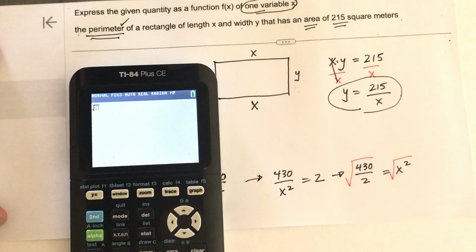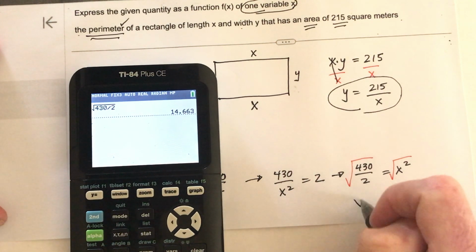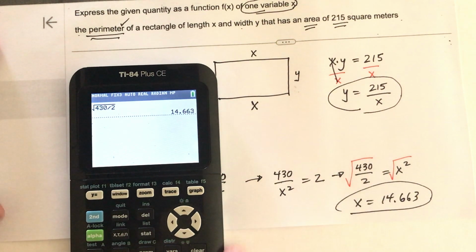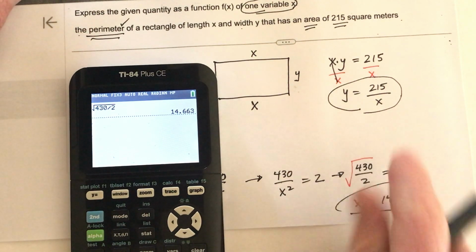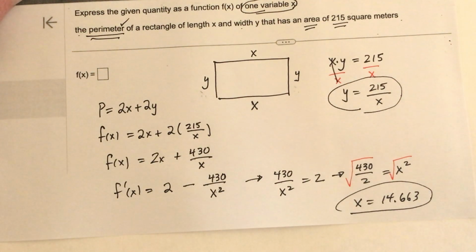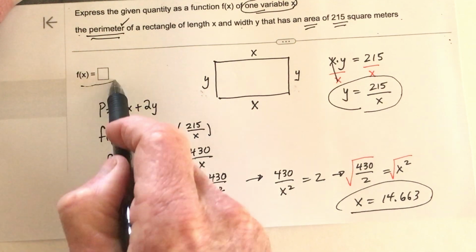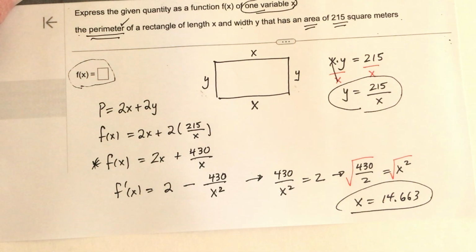The square root of 430 divided by 2 is x equals 14.663. And then you can just take that, substitute it in right there, and you would know what y equals. So this one, I did this extra work even though basically right here they were asking for the f of x, and that was done right here. But most likely after you do that, they're going to say, then find the derivative and then do all of this.